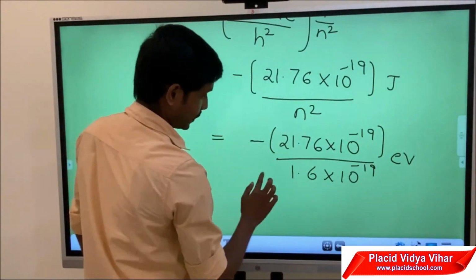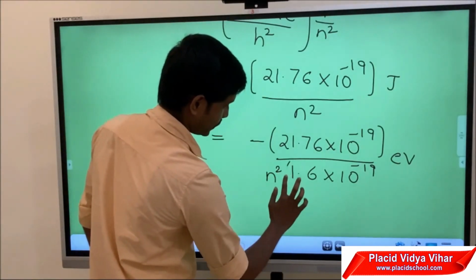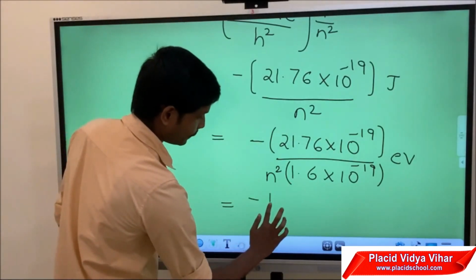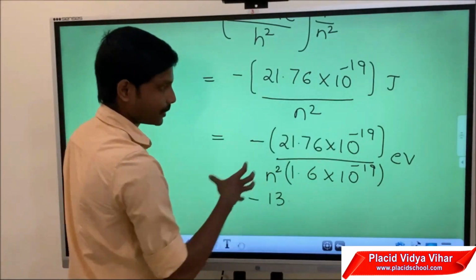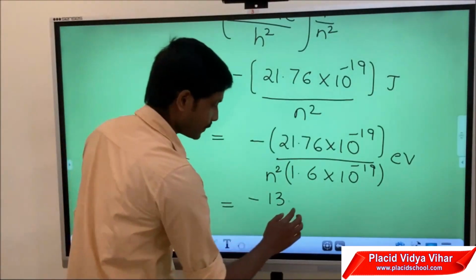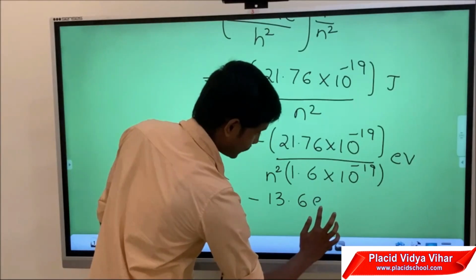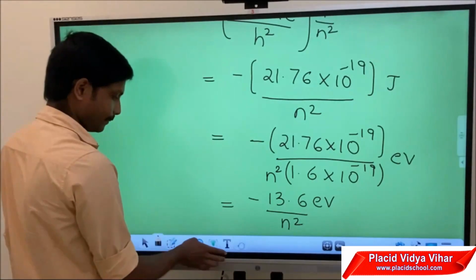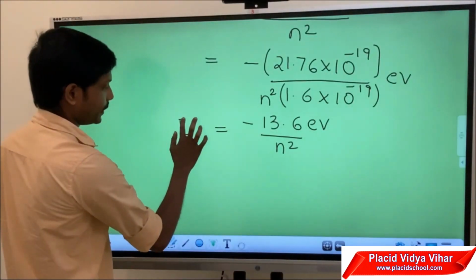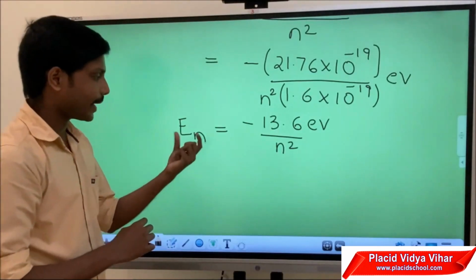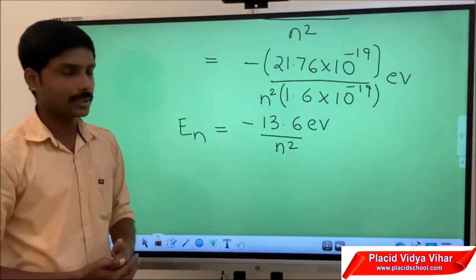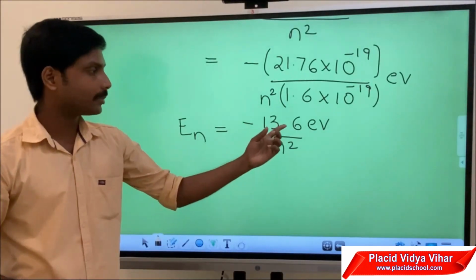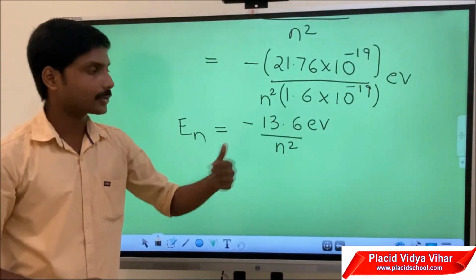So here there is n square, don't forget that value, and if you substitute and simplify this equation, we will be left with minus 13.6 by n square. So the total energy of an electron revolving in the nth orbit of a hydrogen atom is minus 13.6 by n square electron volts.